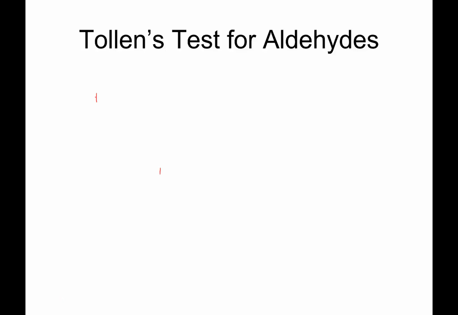So in the Tollens test, what we do is we react an aldehyde with silver, ammonia, and hydroxide. And this only works with aldehydes.